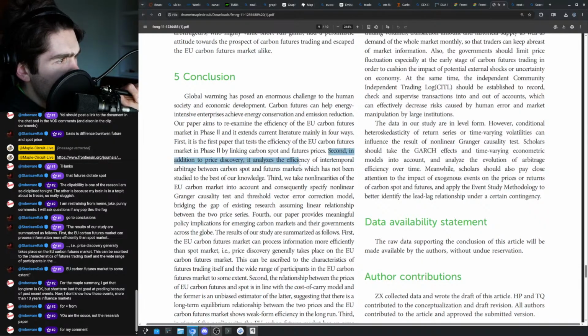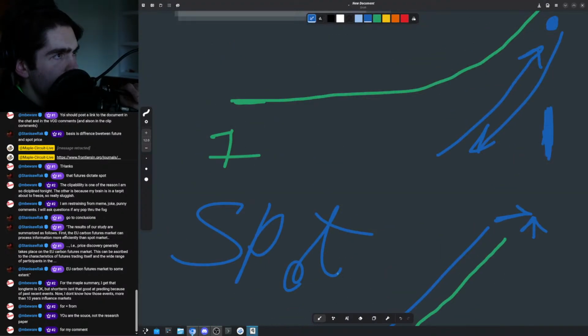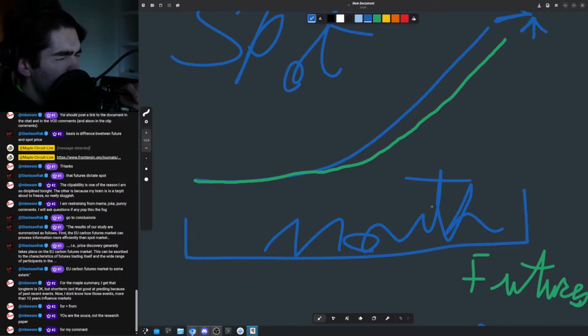They're essentially starting to try to see the interplay between the two. But wait, I'm not being clear. I want to be clear. It would not necessarily pull the price down.